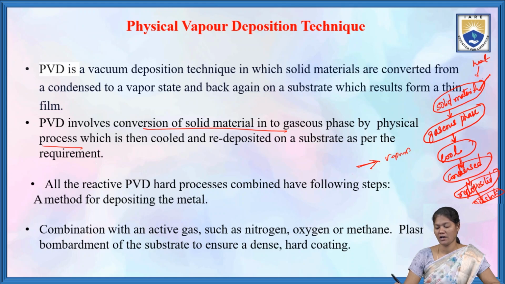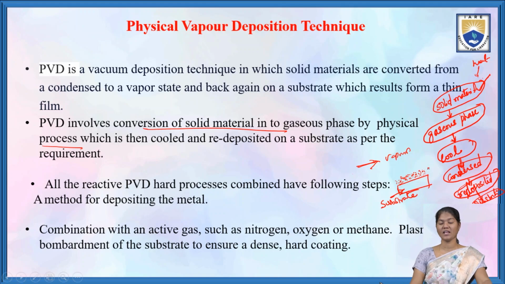Then after condensation, that will be redeposited on the substrate. So, suppose this is the substrate, it will be redeposited on the substrate. That is, through the condensation, the condensed particles will be redeposited on the substrate, like this.